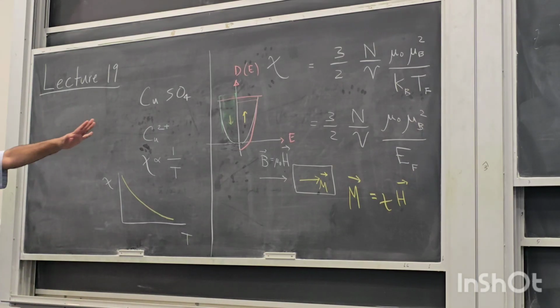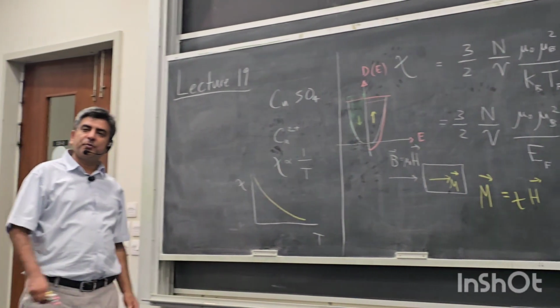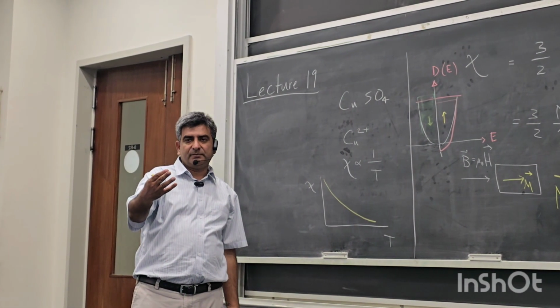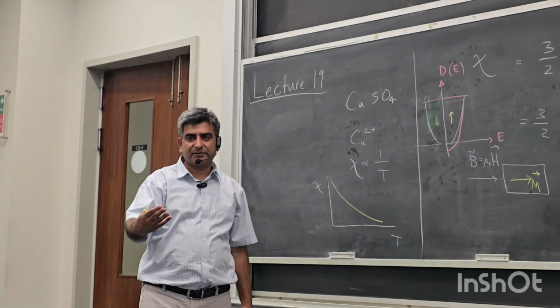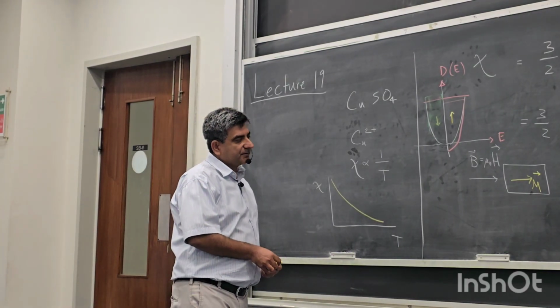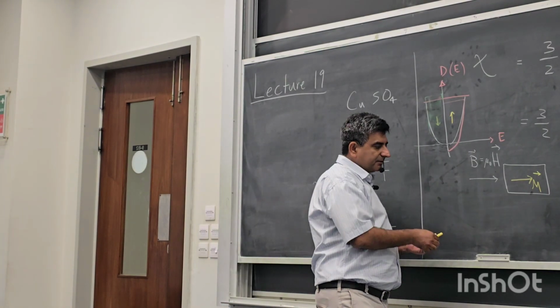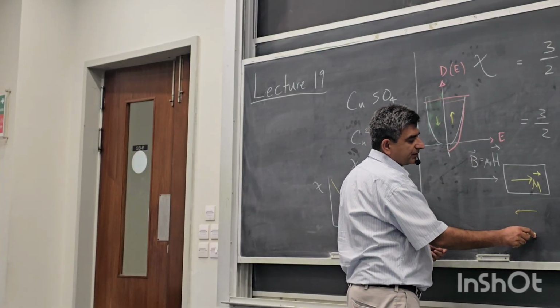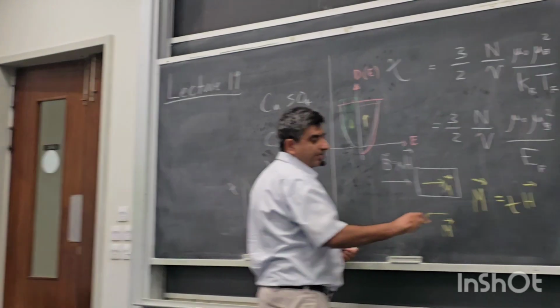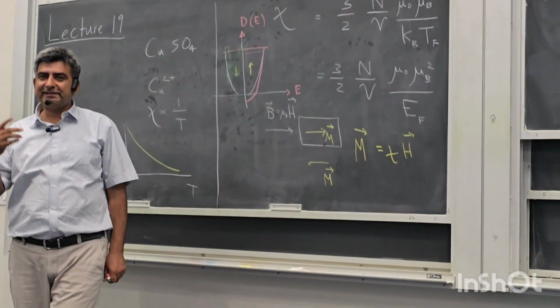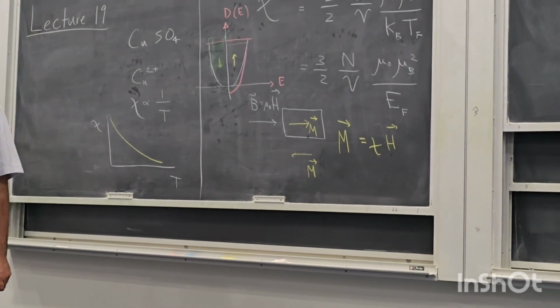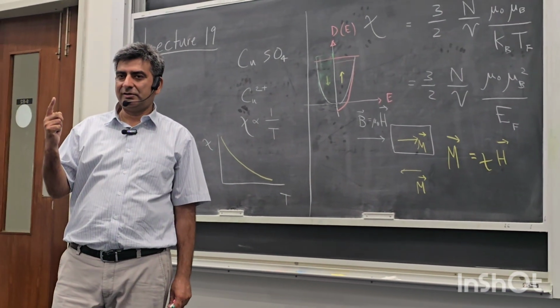Now all of this is paramagnetism, but there could be another kind of magnetism which is called diamagnetism. In diamagnetism, you apply a magnetic field and the magnetization is developed in the opposite direction. In a classical sense, this is due to Lenz's law.